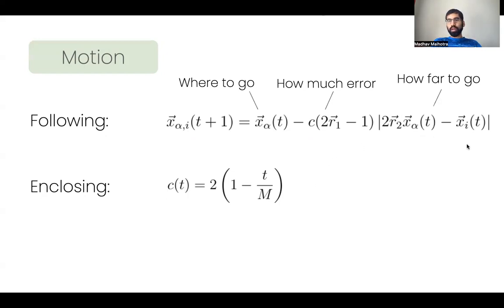And then this last part is how far each wolf moves in each iteration, and that has some randomness in there so that not every wolf is moving the same amount in every iteration. Keep in mind, C will eventually become 0, so all of this complexity will go away, and you will just be left with what we originally started with, which is the ith wolf at the end of the hunt is just following the alpha.